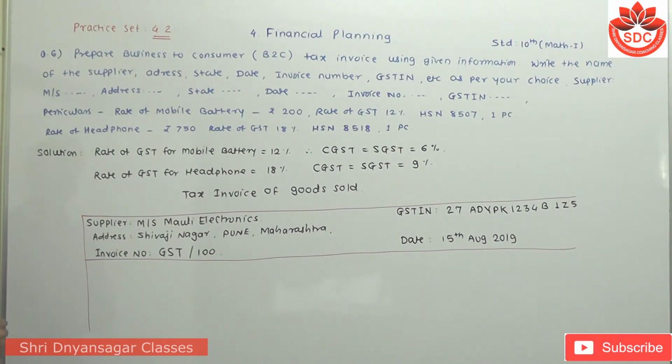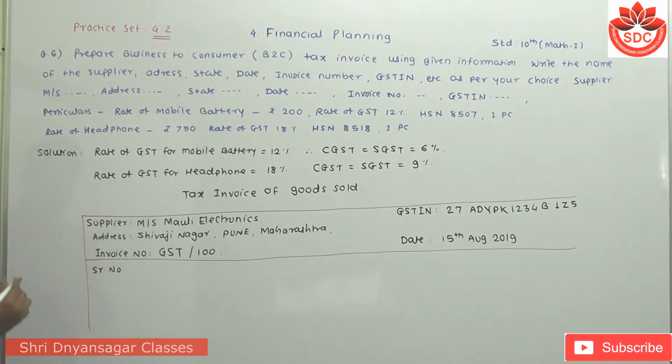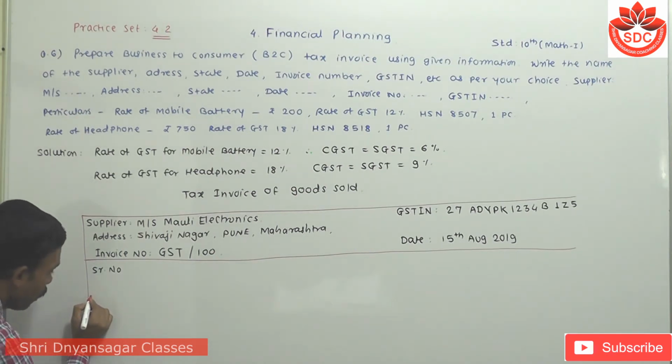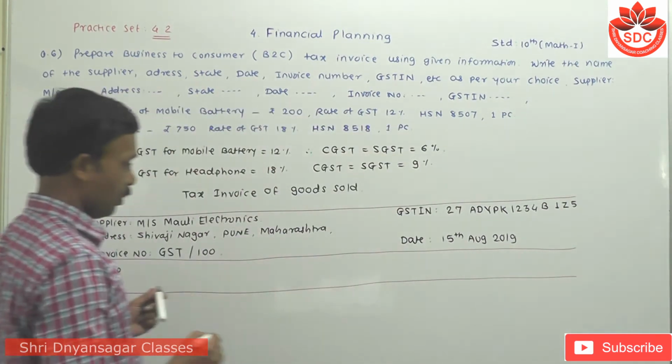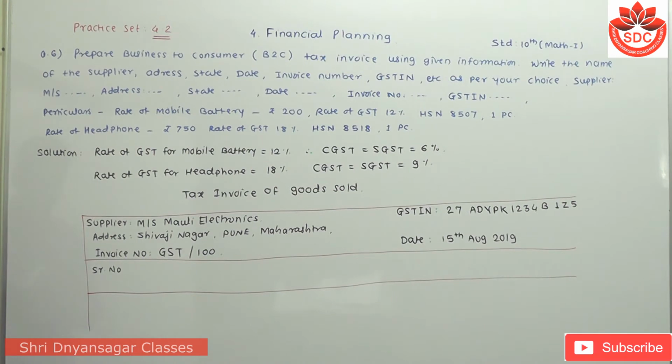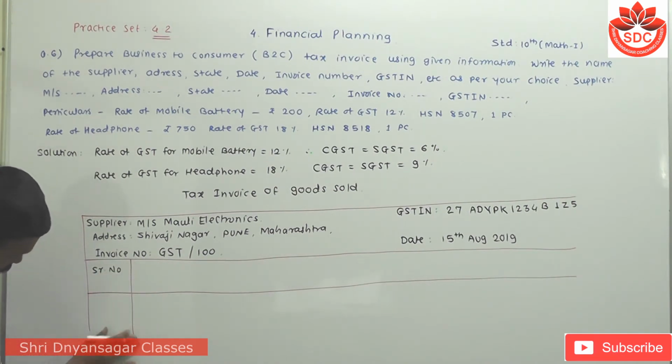Now students, for this tax invoice, the first point is the serial number. For this I have to take some space and draw one line also. This is the serial number.